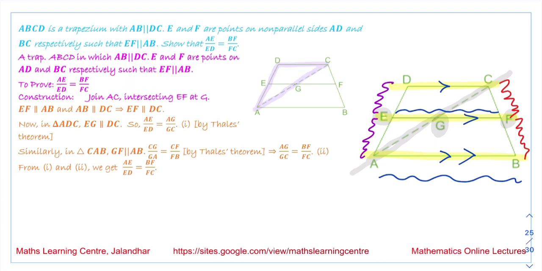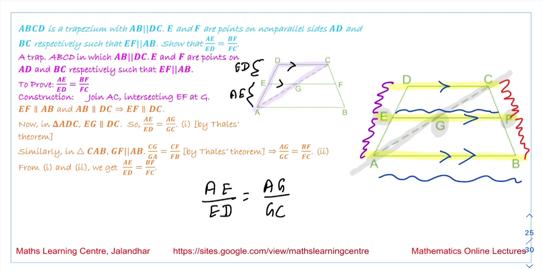In this triangle we have AE over ED. We are saying these two lines are parallel to each other. So we get AE over ED equal to AG over GC. This is by our basic proportionality theorem.